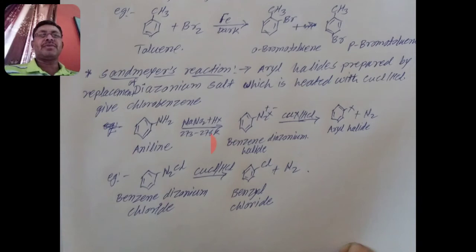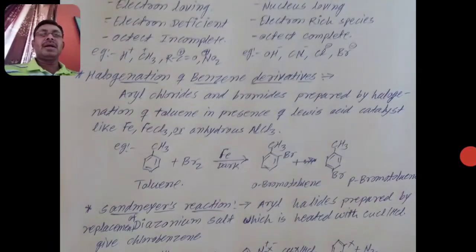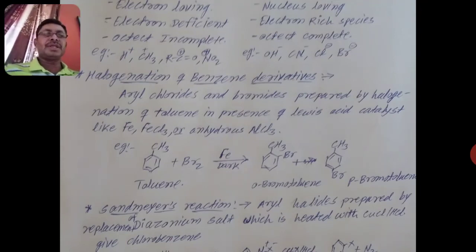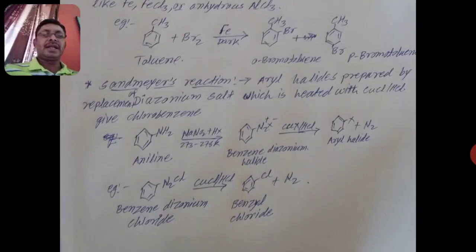It is the preparation of aryl halides. In the previous video we prepared alkyl halides, and in this video we are preparing aryl halides, that is halogenation of benzene or benzene derivatives, and it is Sandmeyer's reaction.